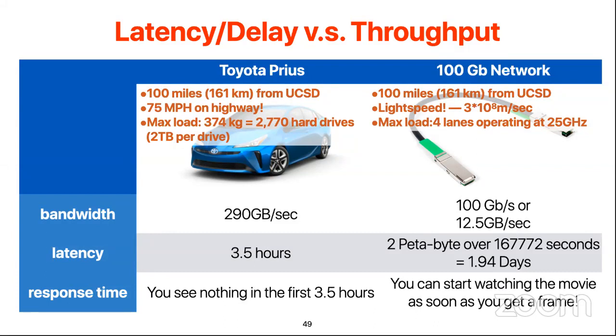So like this, you accomplish the task in about 3.5 hours, and the bandwidth is 290. But before your car comes back, there is no way you can see anything. So that's the difference between latency and throughput.